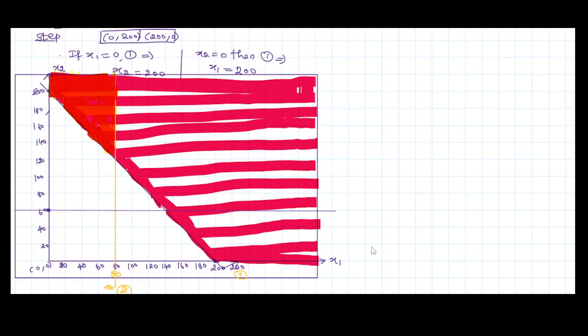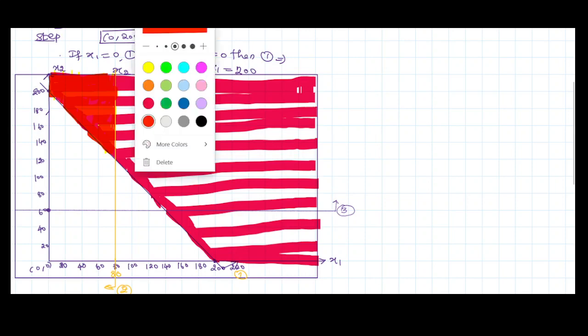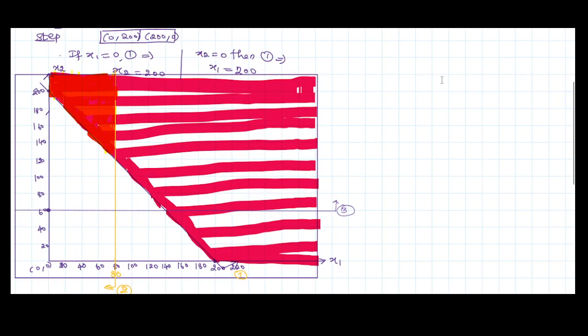Since it is greater than or equal to, we consider the region above it. This is equation number 3. Now we have all the lines and the shaded strips.